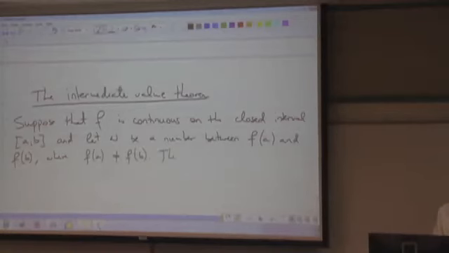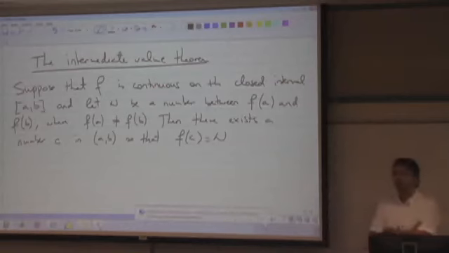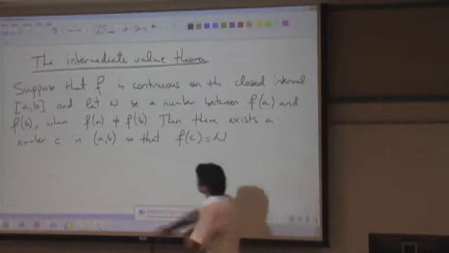Then there exists a number c in the open interval (a, b) so that f(c) is equal to N. f(c) equals N, the original capital N that we defined here.